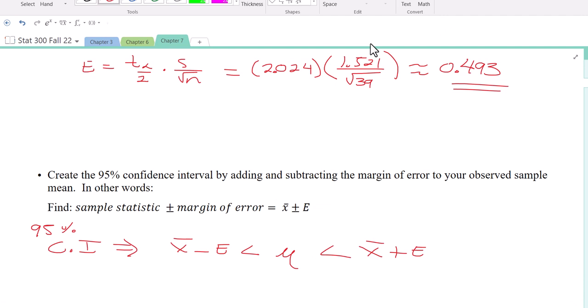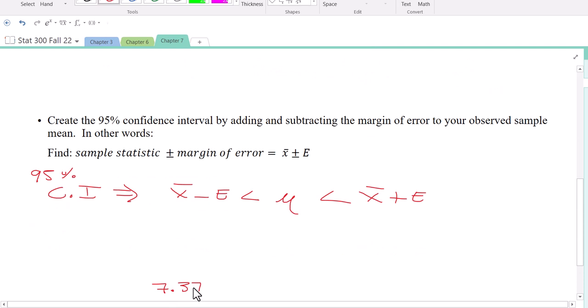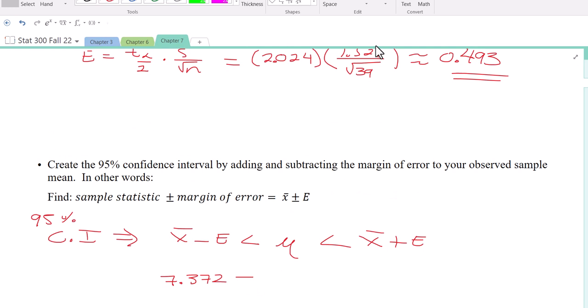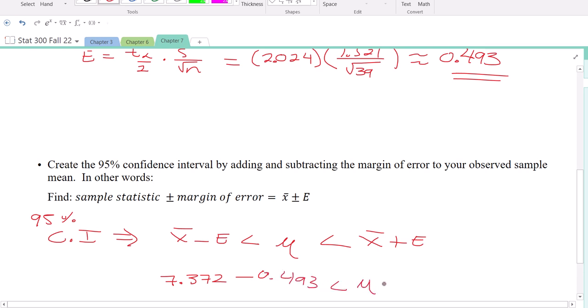And so now we can say, remember, our sample mean was 7.372. And so minus the error, which is up here, 0.493. So minus 0.493 is going to be smaller than the population parameter, and then that smaller than, again, our mean 7.372 plus the standard error of 0.493.